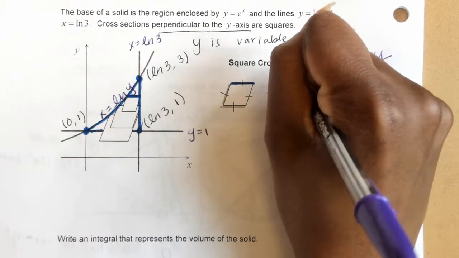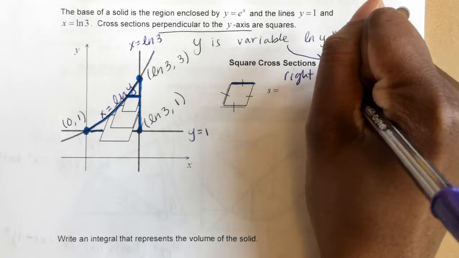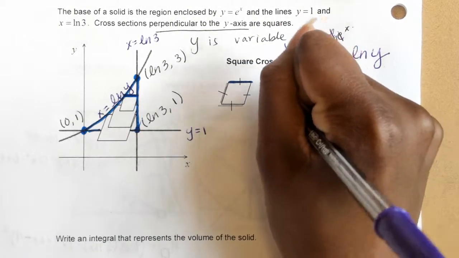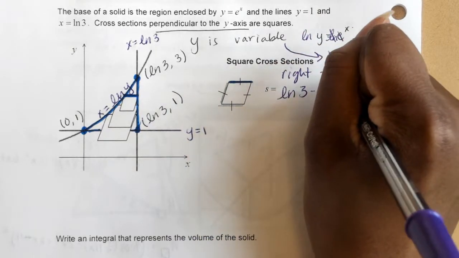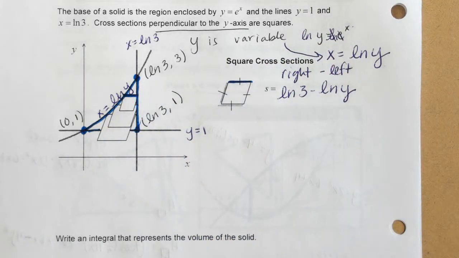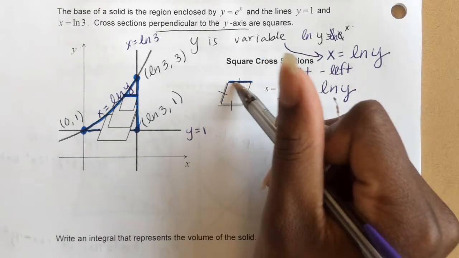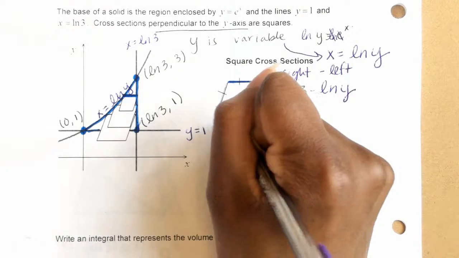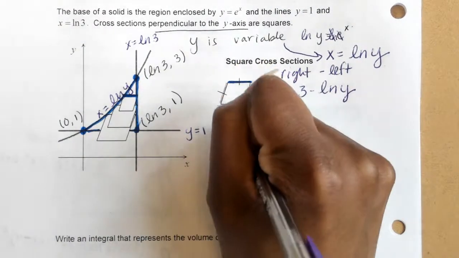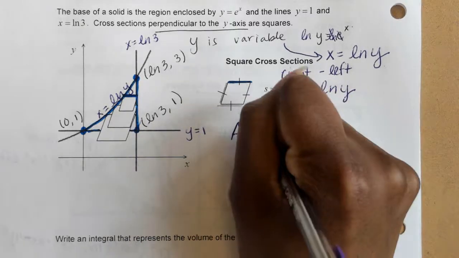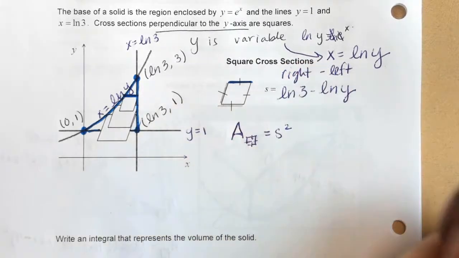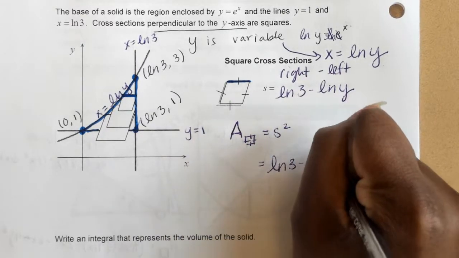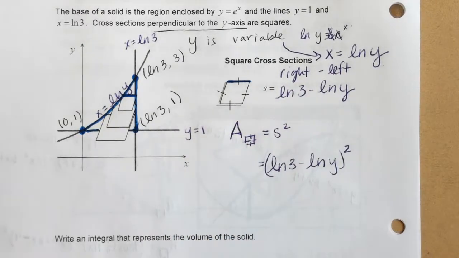So we're going right minus left. So we have ln of 3 minus ln of y. That's the length of one side of the square, which means it's the length of all the sides of the square. So the area of our square is equal to s squared, which is ln of 3 minus ln of y, squared.